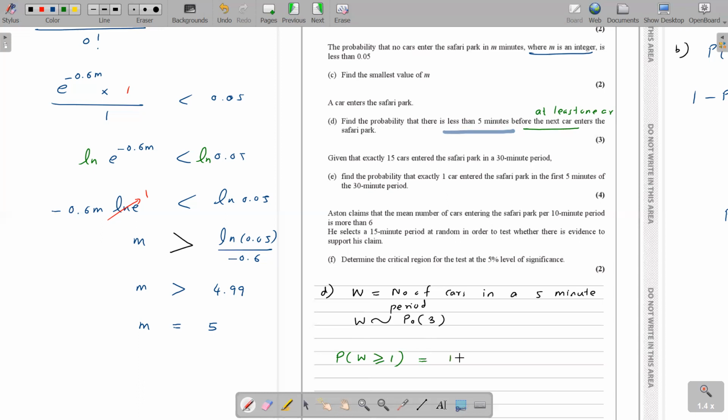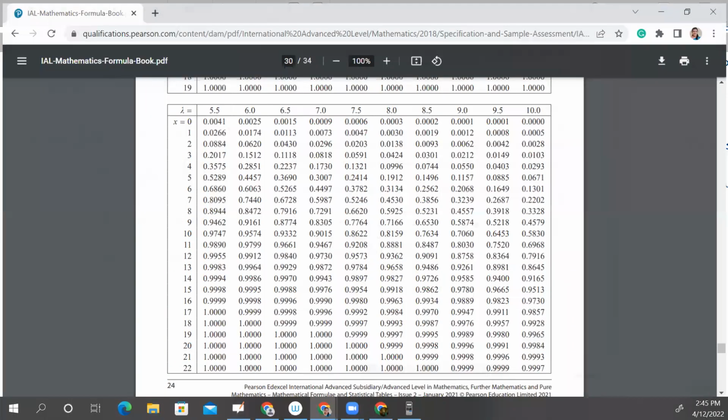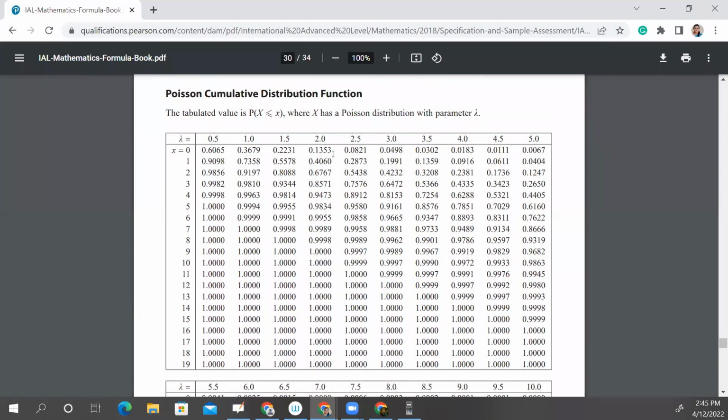So here that's equal to 1 minus the probability W equals 0, right? You could get it from the table, or you could get it from the equation. Shall we get it from the table? From the table, lambda value is 3, x equals 0, 0.0498, right?